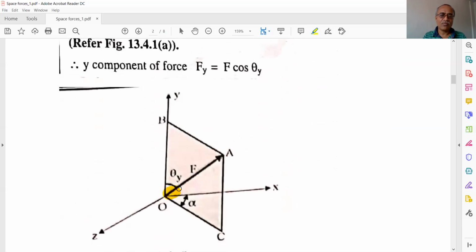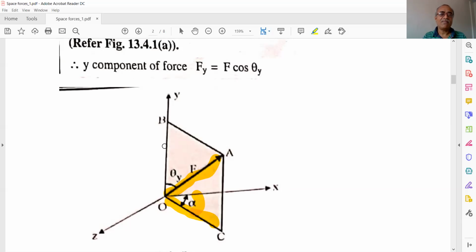Let's say this particular force F, which is along OA, is making a certain angle theta y with the y-axis, and the projection of that F on the XOZ plane is, let's say, OC. That projection is making angle alpha with the x-axis. That has been given to us.